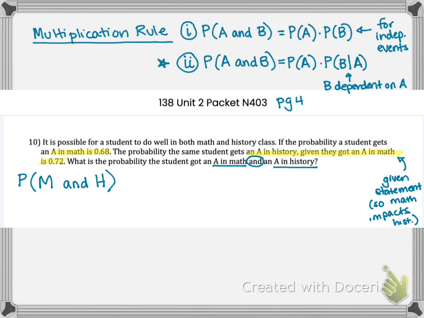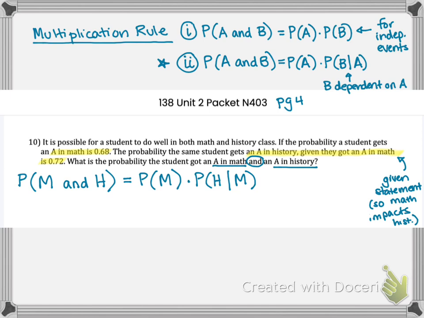And based on the second part of the rule for multiplication, if we know that we have the probability of an A in history given they got an A in math, then we can set this up like so. We would look like the probability they got an A in math times the probability they got an A in history given they got an A in math.